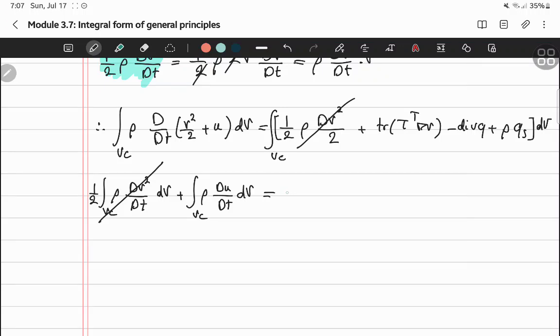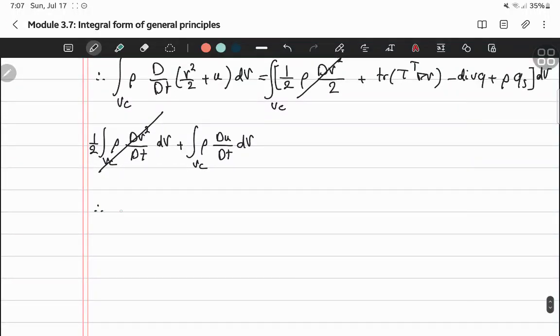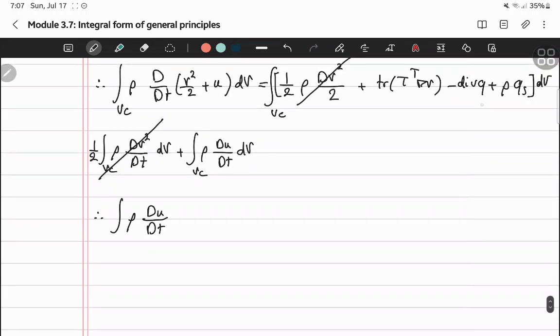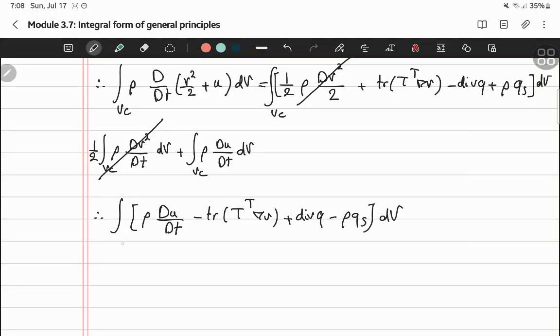So we finally get, I take all to one side, rho du dt minus the trace T transpose del v plus divergence of q minus rho qs dv on Vc is equal to 0.